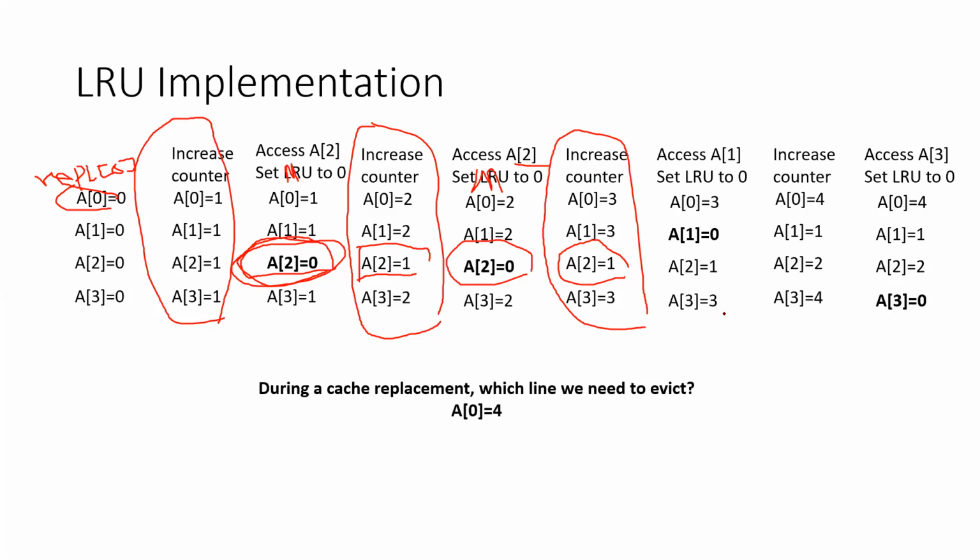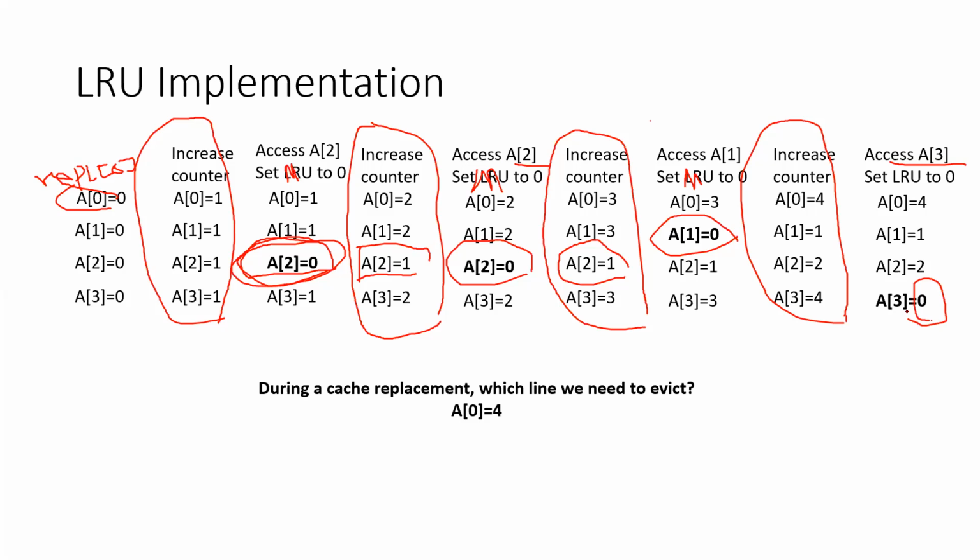The third request accessed A1, so we set again the most recently used value here to 0, and all the other values just plus 1 here. In the fourth request, I accessed A3, and I set this value to 0.